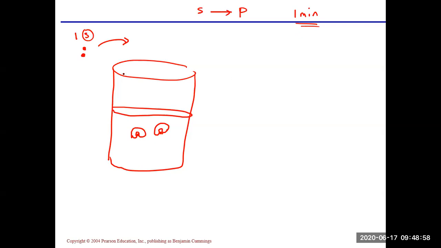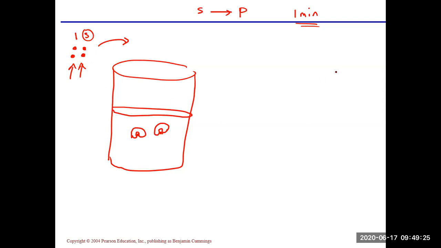But what if you put in 4 substrate now? Will you get a faster reaction rate again? No, why not? Because again, that would take 1 minute to do this 2 and 1 minute to do that 2. So it's 2 minutes. All right. So if you keep on increasing the substrate, you're not going to see an increase in reaction rate and product. All right. So for that, it plateaus.